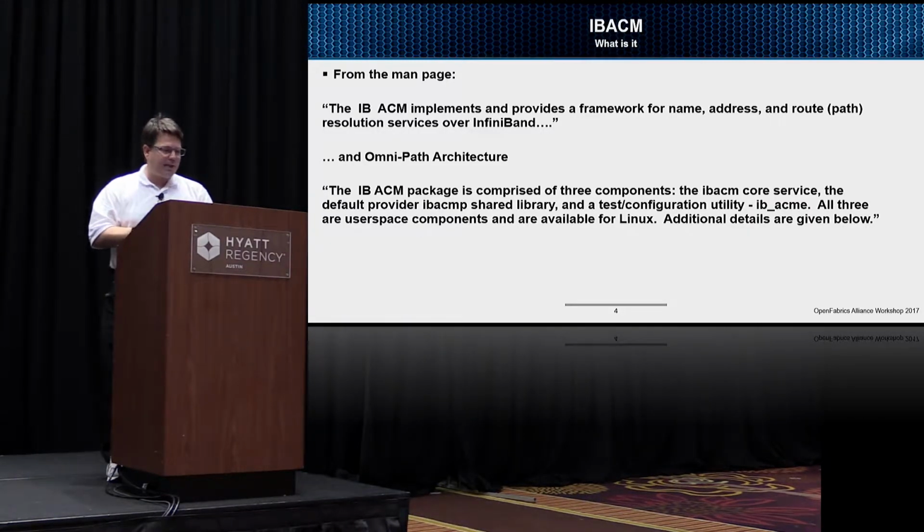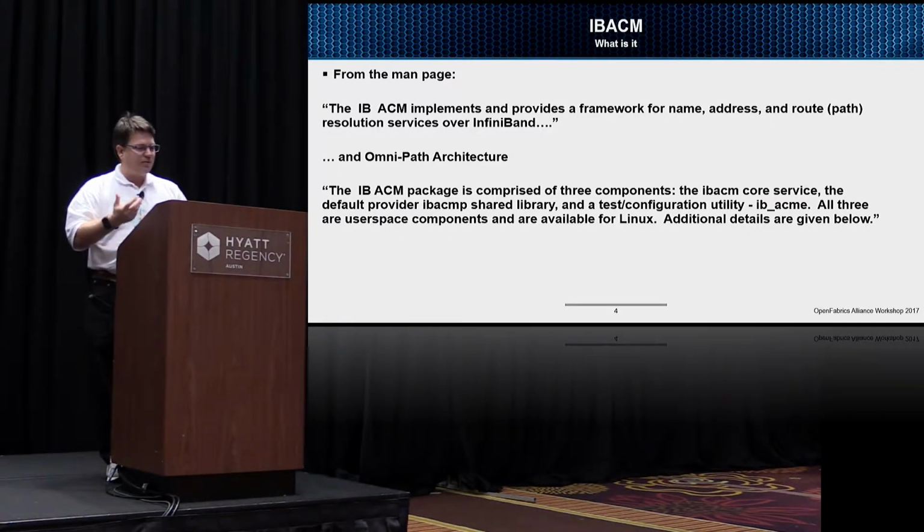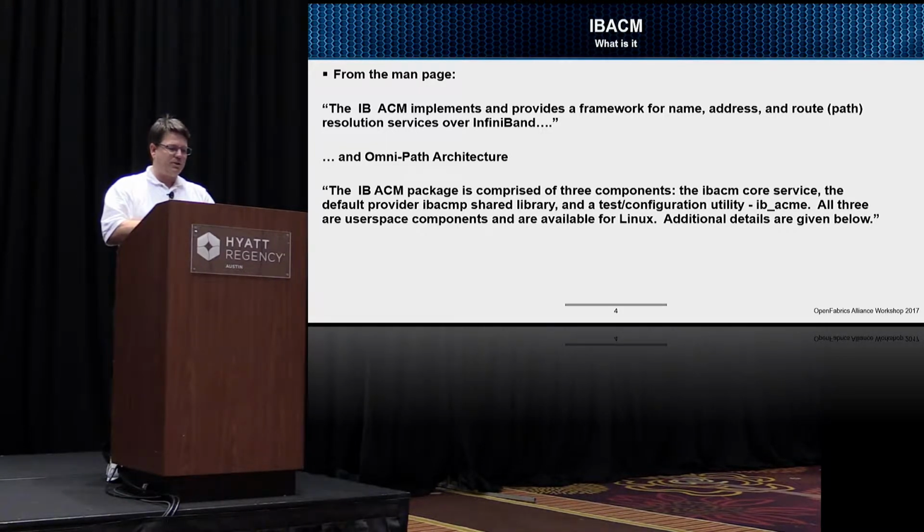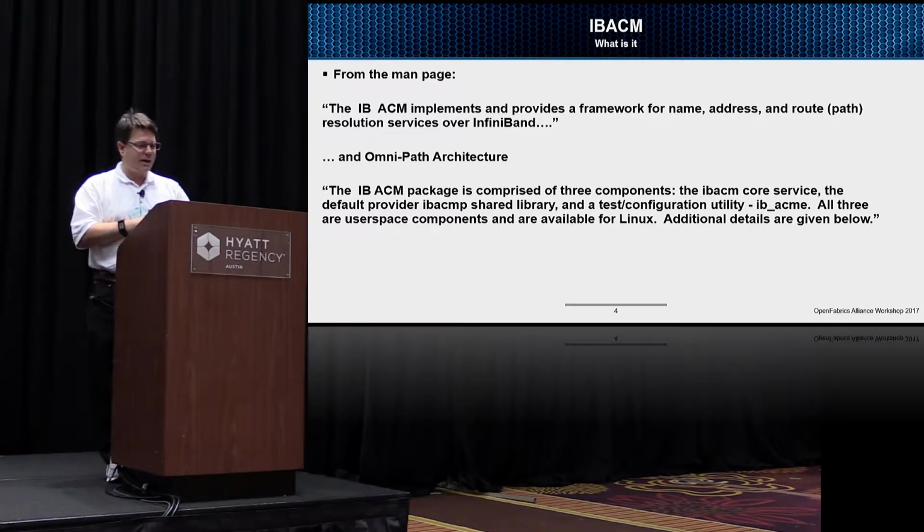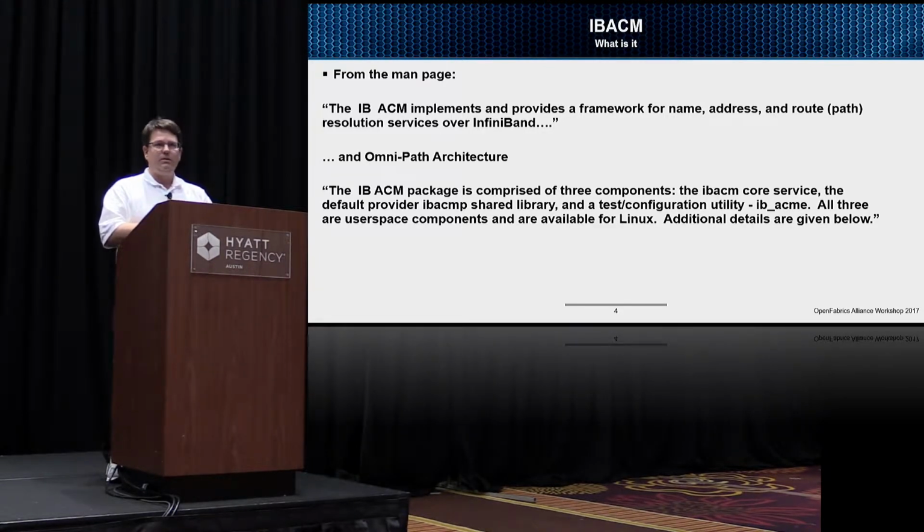Quick slide from the man page provides a framework for name, address, and route resolution over InfiniBand and OmniPath architecture. We could update the man page perhaps. And it's built up with three components. There's a core daemon called Ibacm, started by systemd. There's a test configuration tool called Acme.